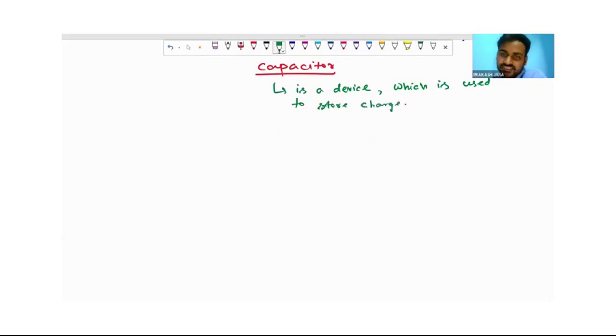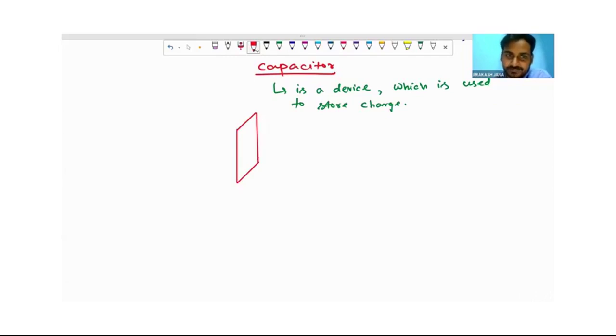Okay, we have multiple types of capacitors. Usually in the market there are many types of capacitors, but we initiate the discussion using the parallel plate capacitor. Parallel plate capacitor, as the name suggests, has two plates which are parallel to each other.